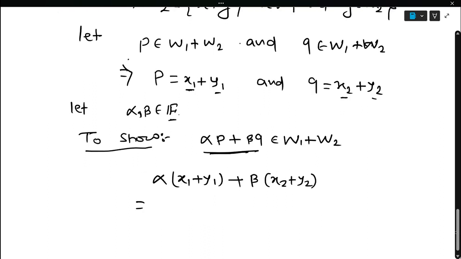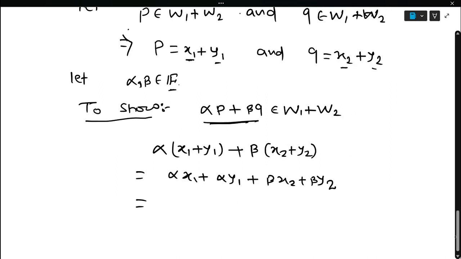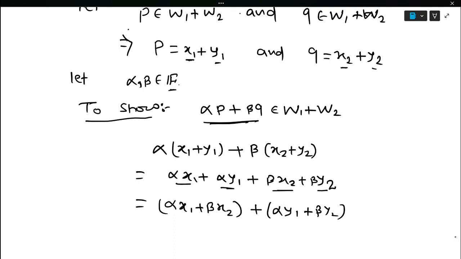This is equal to alpha x1 plus alpha y1 plus beta x2 plus beta y2. Now we can write alpha x1 plus beta x2 plus alpha y1 plus beta y2, combining these terms together.